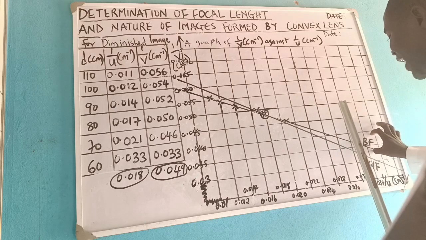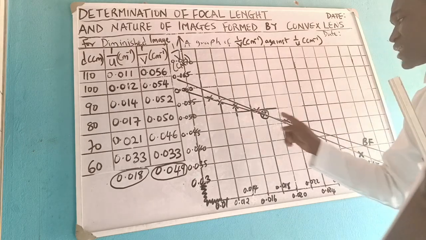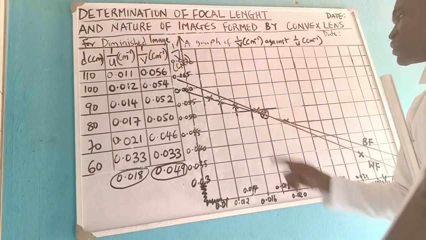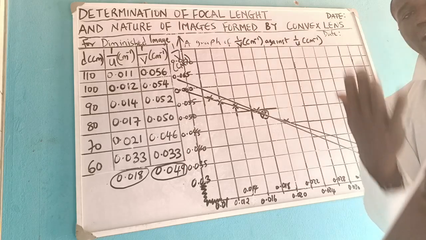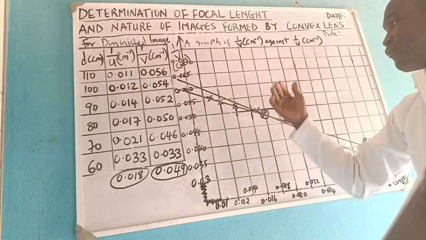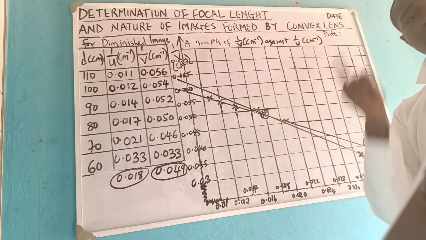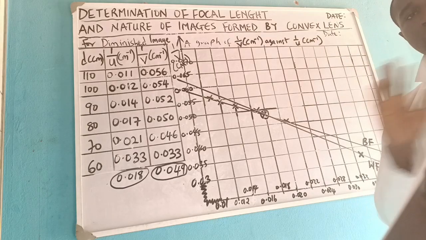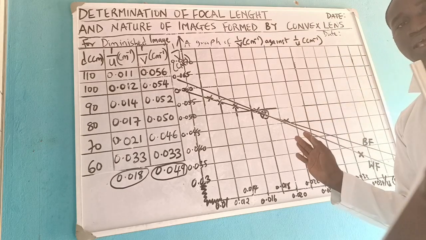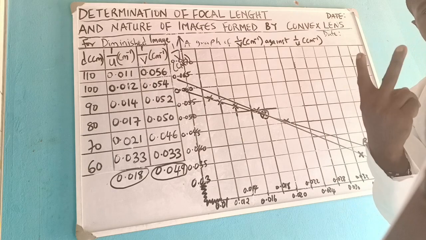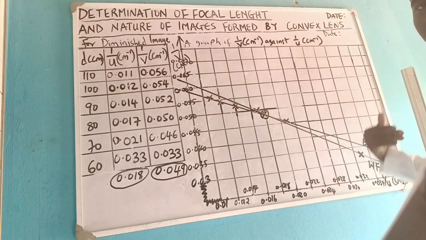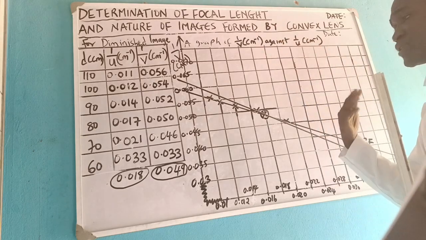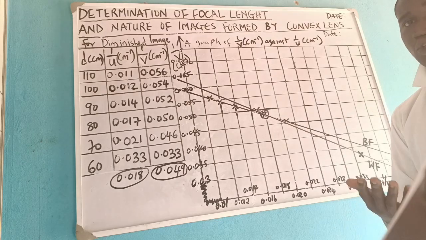But when you come to line of best fit, as it's passing through the centroid, if there are points that will fall out of this line, they will fall on opposite sides. If it is only one point that will fall out, it will fall out on either side. But if there are up to 2 points, they will fall on opposite sides. If they didn't fall on opposite sides, that is a wrong graph, so to speak.